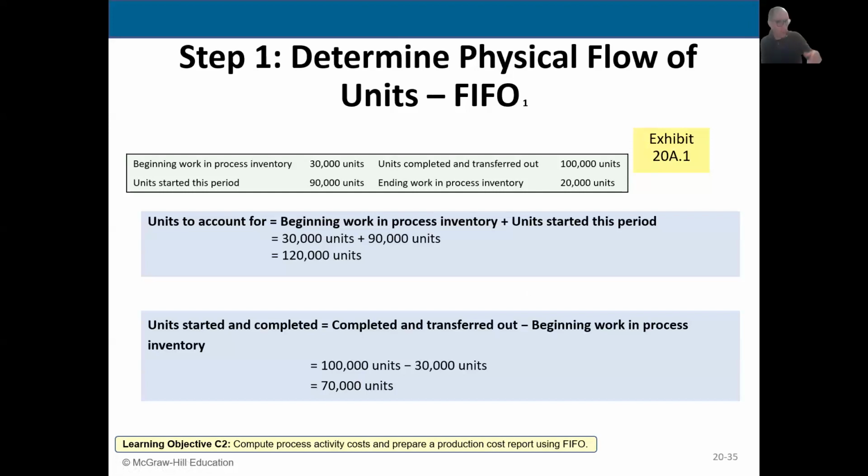Units started and completed, of course, is used in first in, first out, because as the name implies, we're going to use whatever we have minus what we had already started before, yep, the 30,000.